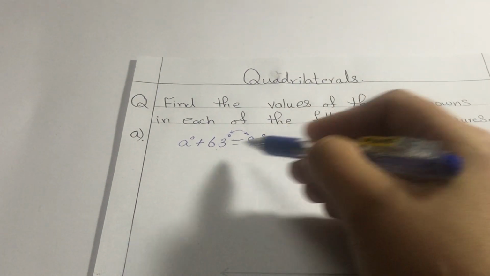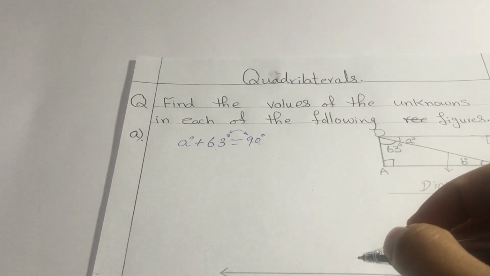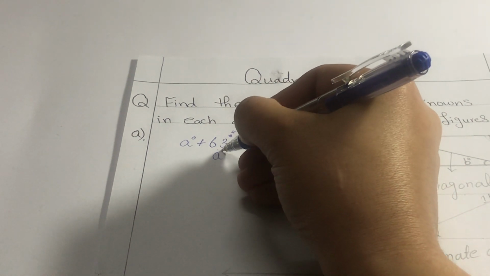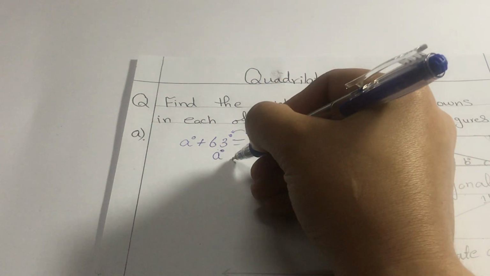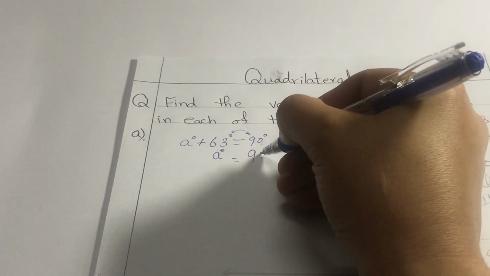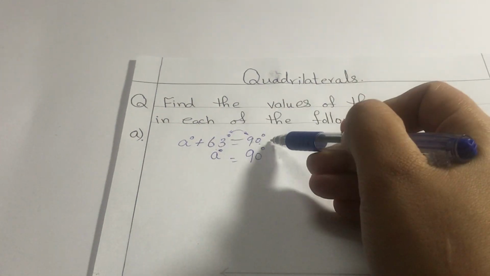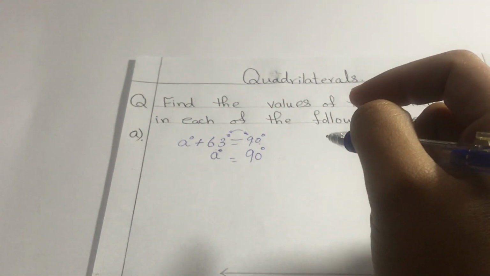So we need to shift 63 to the opposite side. How will we do that? We will keep A on the left hand side. We will keep 90 on the right hand side, and we will shift 63 to the opposite side.